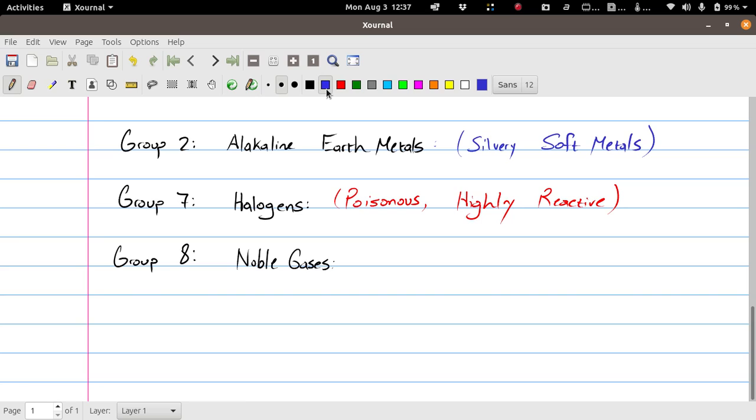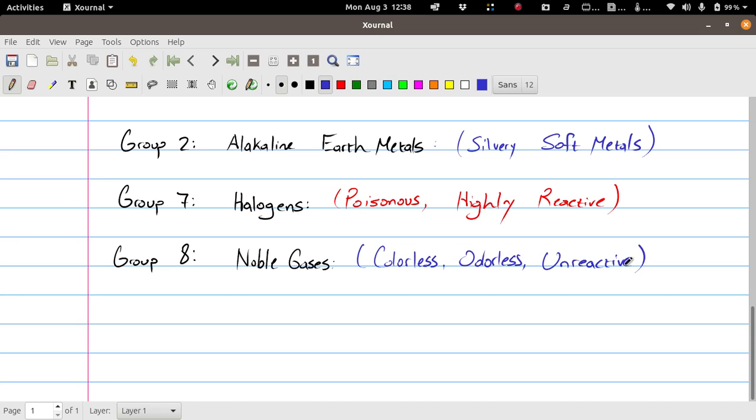I think there's one or two of them where you can pump enough energy into it and ionize it and react it, but I don't really recall what it is. I think it's xenon or something like that. But anyways, we're just going to go with colorless, odorless, and unreactive.